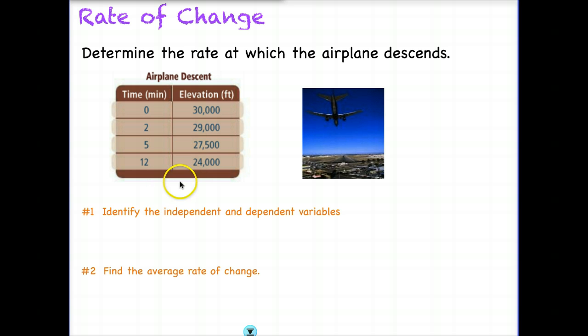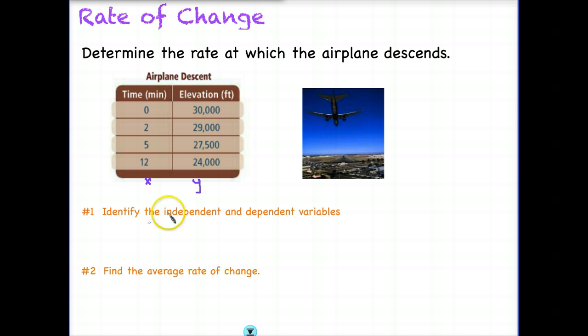But since we're doing rate of change, this implies we have a contextual situation. So we need to identify the independent and dependent variables for this. Well, if we look at our table, those are actually identified for us. So our independent variable, it says, is time. X is always on the left, remember that, and y is always on the right.